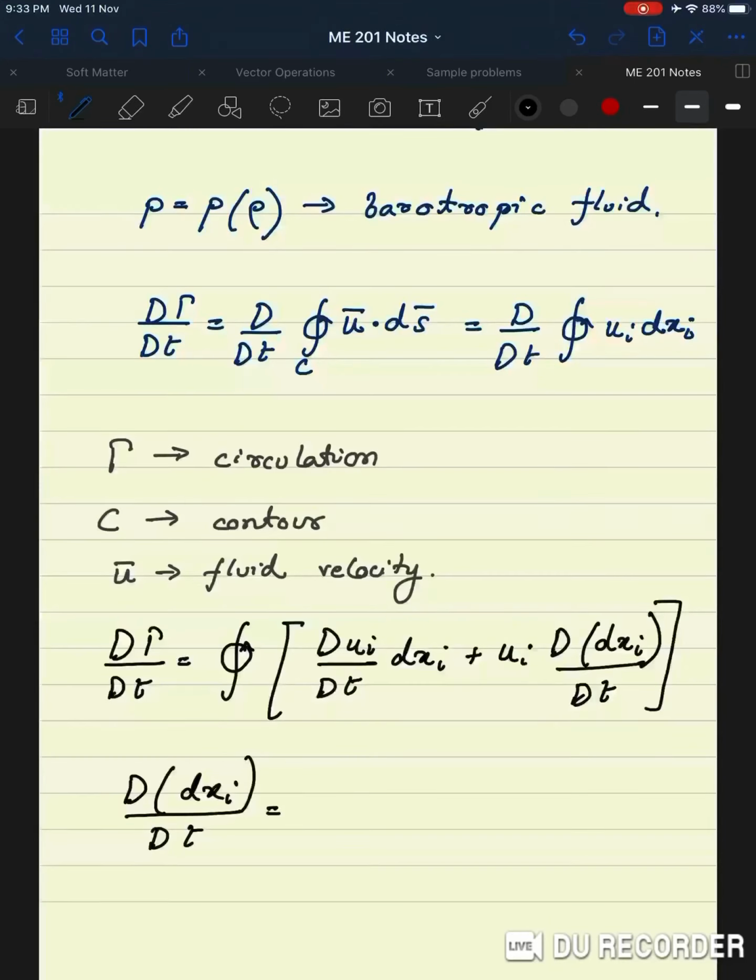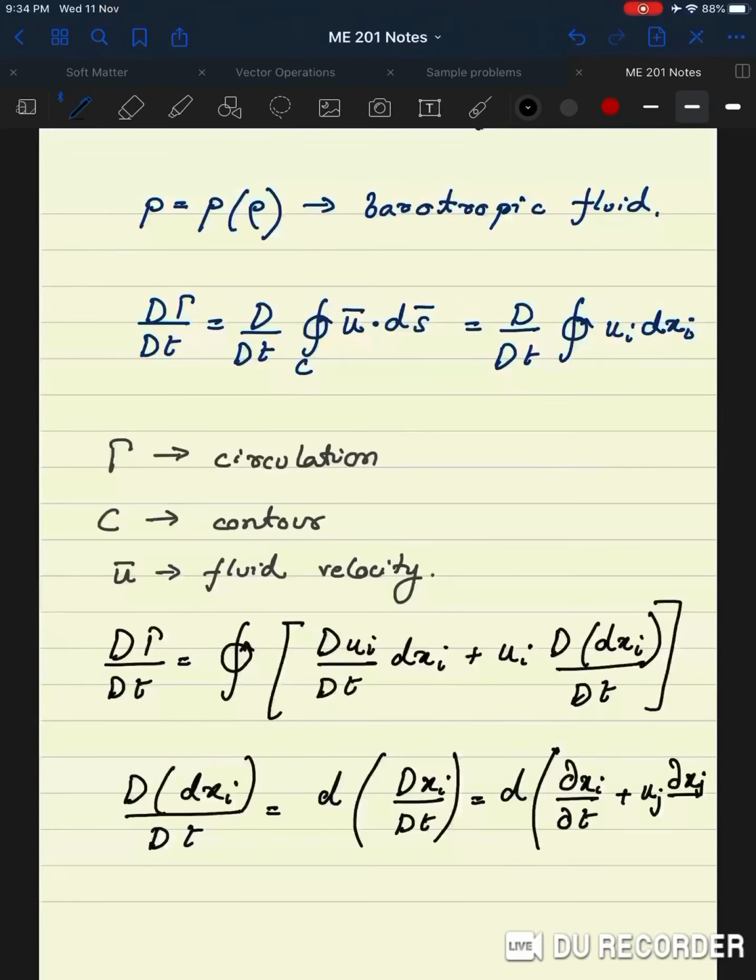Now we can just swap the derivatives. So we can just do a dx_i/dt here, and this is nothing but, let us open out, plus, let's say this is u_j ∂x_j, sorry, ∂x_i, not ∂x_j.